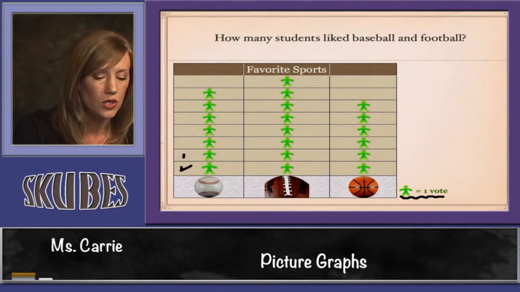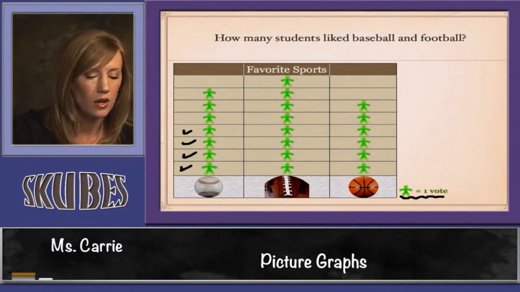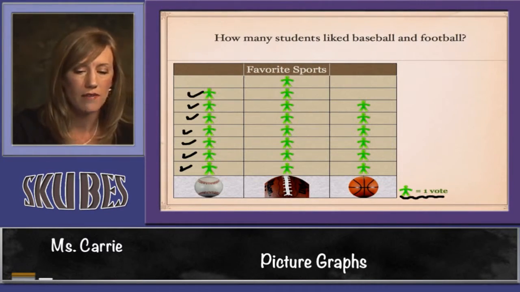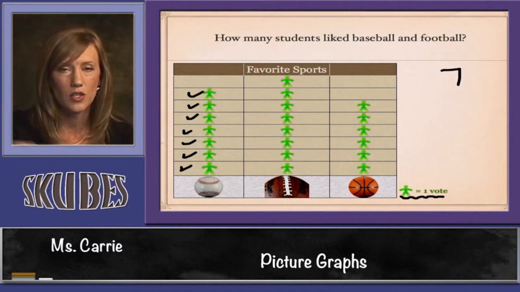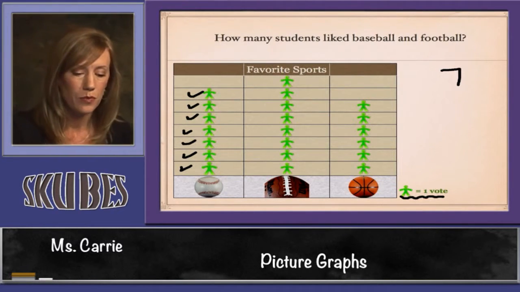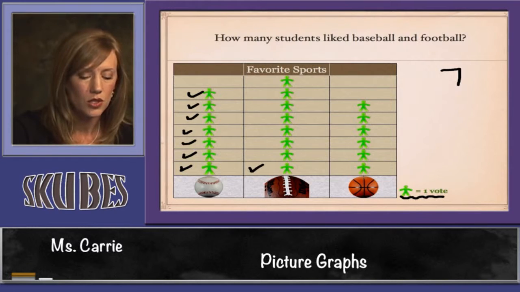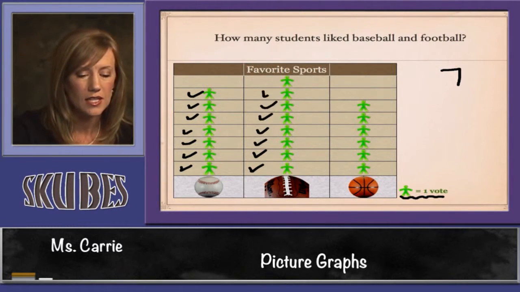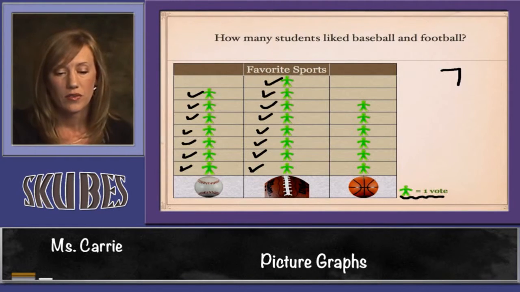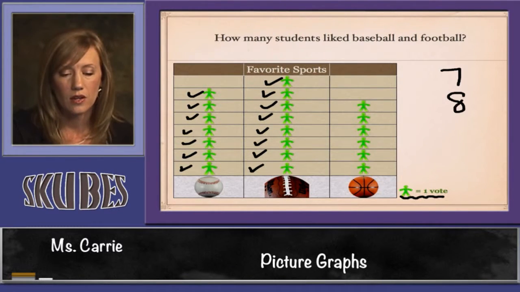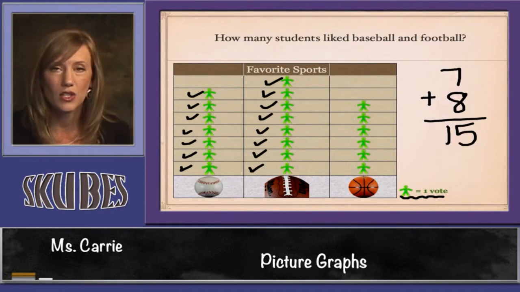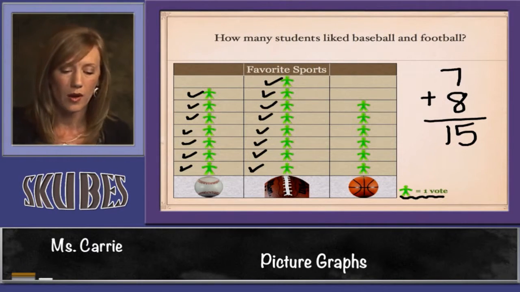There were 1, 2, 3, 4, 5, 6, 7. All right, 7 here, so I don't forget. And football, there were 1, 2, 3, 4, 5, 6, 7, 8. We have to add these two numbers together. We know that 7 plus 8 is 15. So 15 students liked baseball and football.